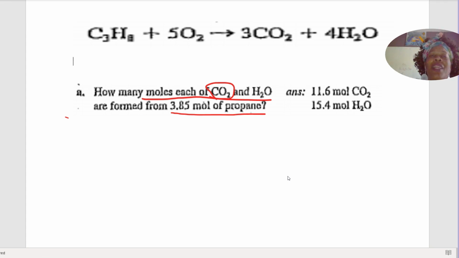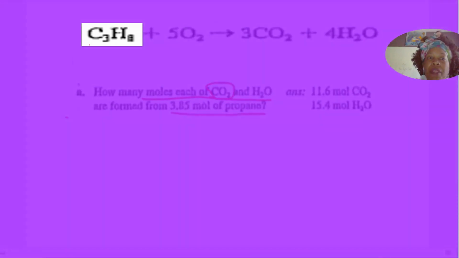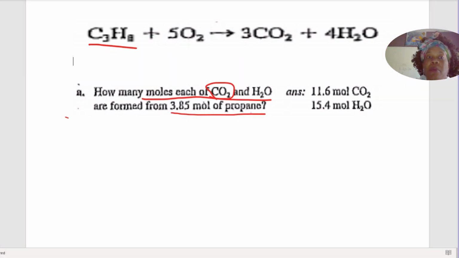So it has to be this first formula at the very top, right over here, okay? So I'm going to put the number that's associated with what was given in the problem right above it. 3.85 moles, okay? Now I'm going to go ahead and block this in because this is what they gave me, and this is what I'm going to be working with.